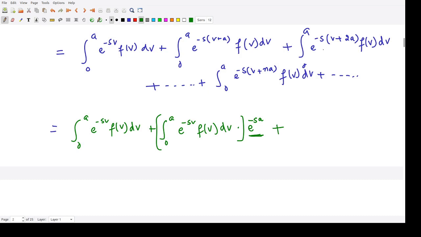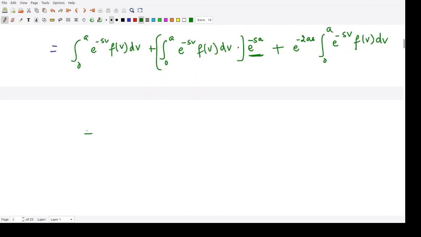Similarly, when you open up this term, you would have e to the power minus sv and e to the power minus 2as. Again, because this is independent of v, this could be taken out. So you have e to the power minus 2as, integration 0 to a, e to the power minus sv f of v dv, and so on.